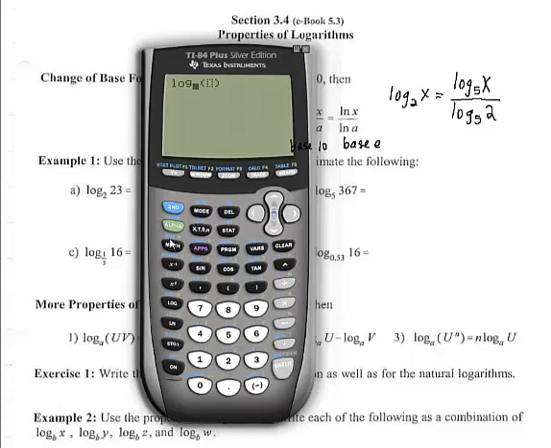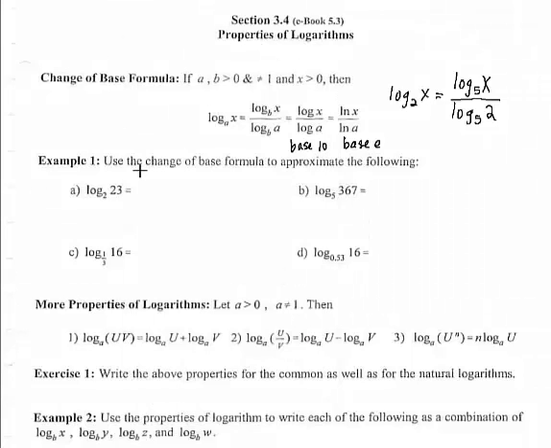Let's see, our first example is log base 2, and then the argument is 23. And so really nice, I can just calculate it that way. So I could approximate it to, let's say, 3 decimal places to the right of the decimal point, 4.524. So doing it that way with my calculator, I actually didn't use the change of base formula.